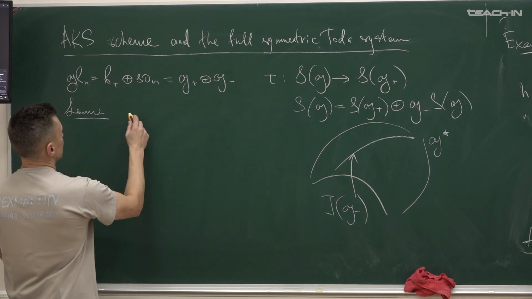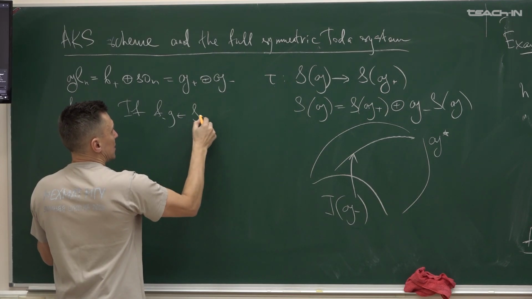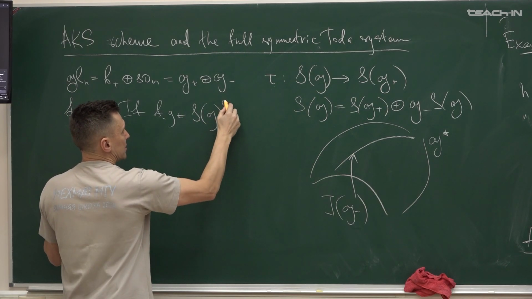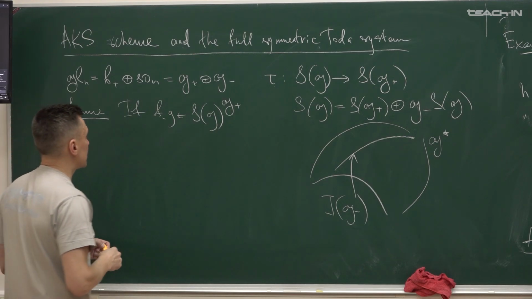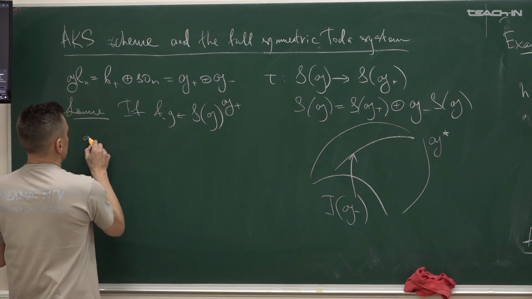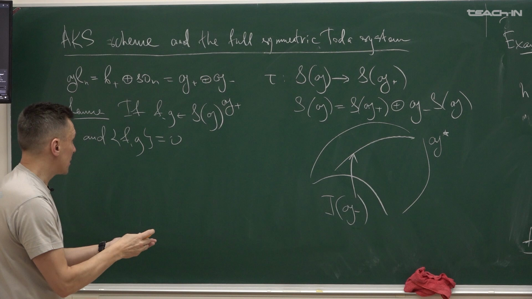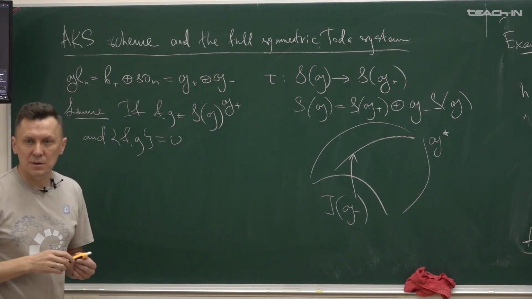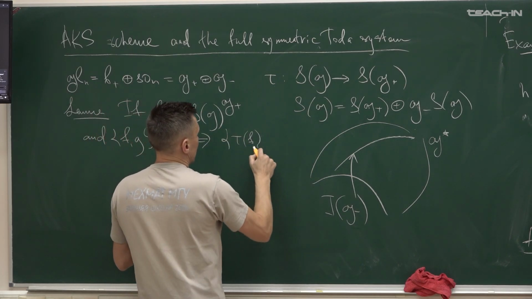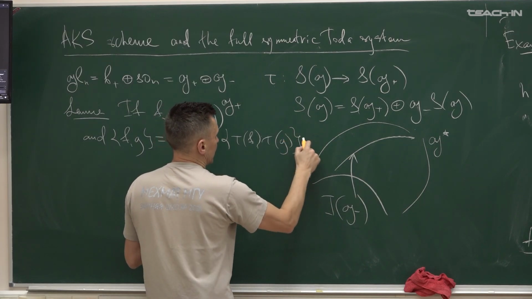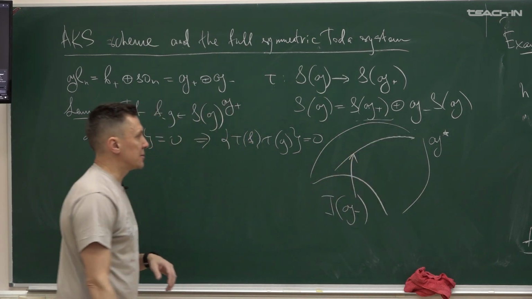And this statement was the following: if f and g are functions from S of G, which are invariant with respect to the action of the Lie algebra G plus, and f and g are in involution with respect to the Poisson bracket in this algebra, then tau f, tau g are in involution in this subalgebra.